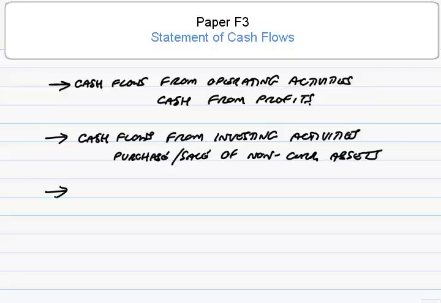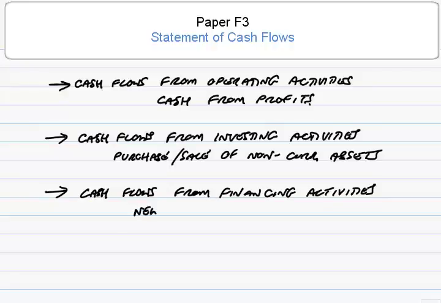And finally, the third reason a company pays cash is from financing. Cash flows from financing activities. And what we mean here is really two main things. The first thing that will come under this heading is if a company issues new shares. If they issue new shares, they've received cash. It goes under this heading.